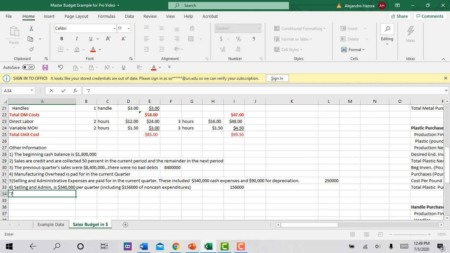You can see from the book that our fixed manufacturing overhead is $214,000, and of that, $156,000 is non-cash, and that's going to be part of our cash budget.